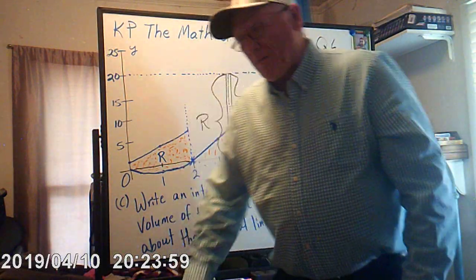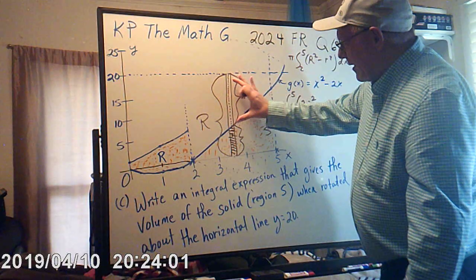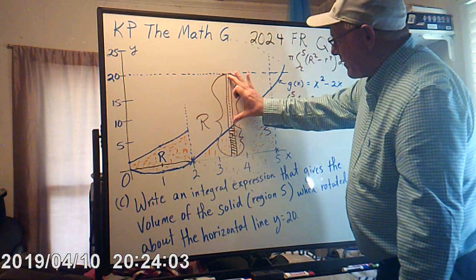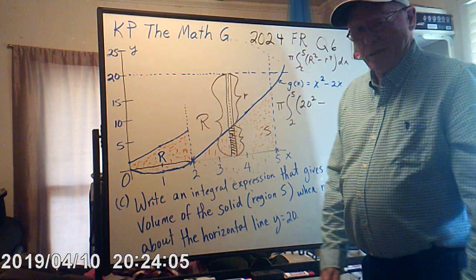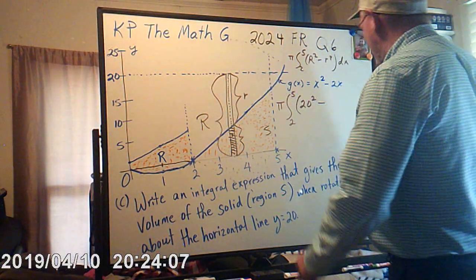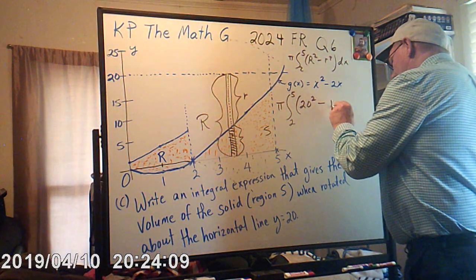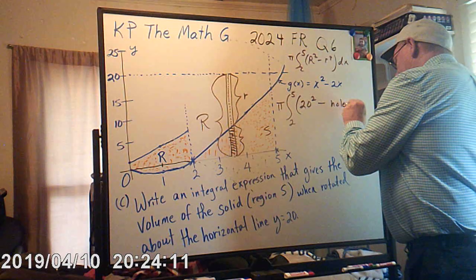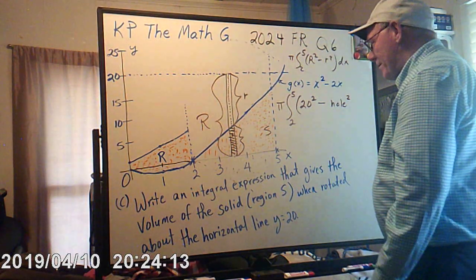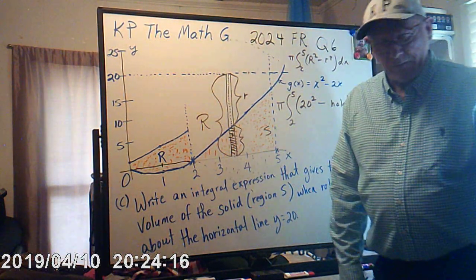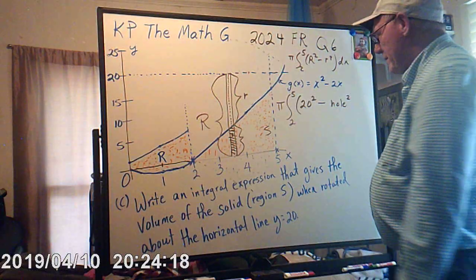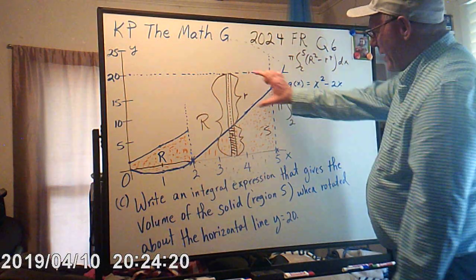I want to take away this part, this radius. I want to know how long this radius right here is. This is my hole squared right here. That's really what little r is.